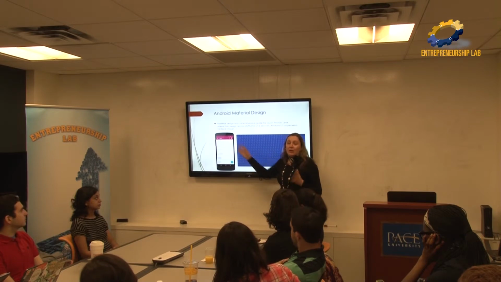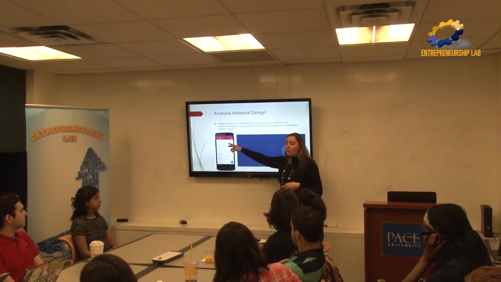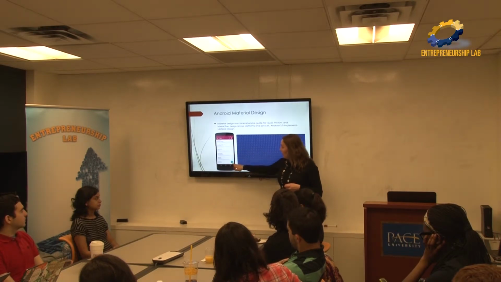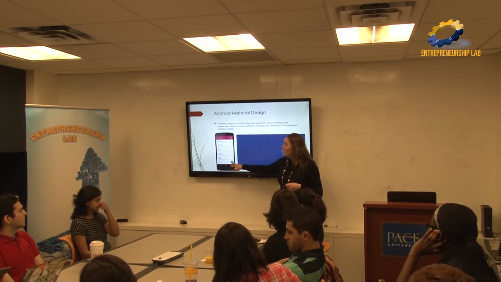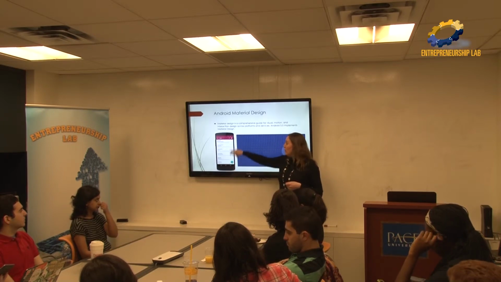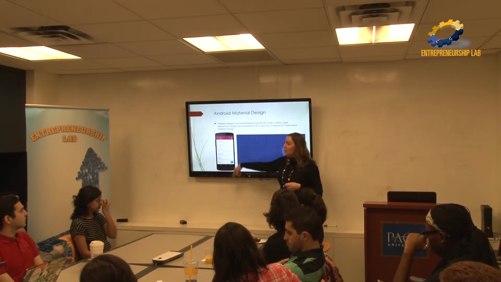It's not Gmail, but an app by Google also for your emails. You see that now, for example, there's this little floating button, a plus where you can say I want to write a new message. Even if you scroll, the button still stays there.